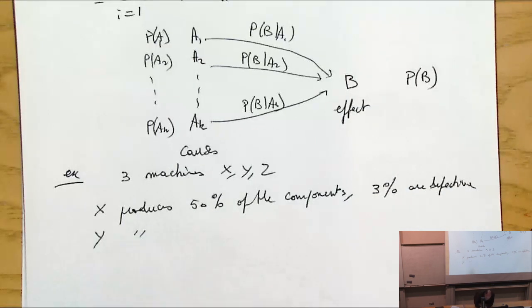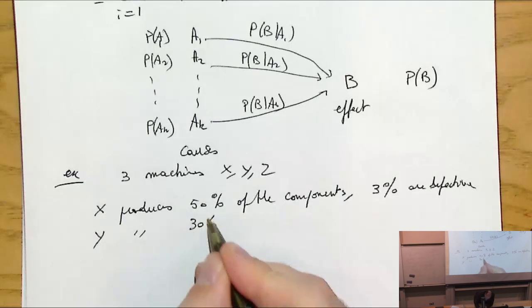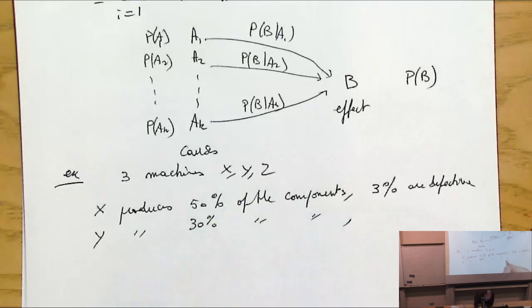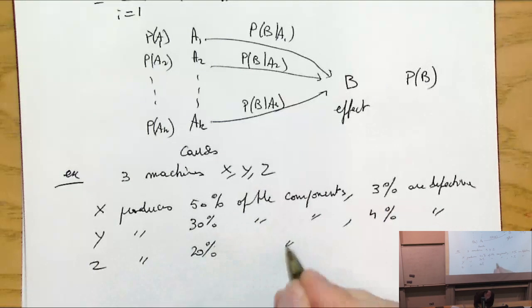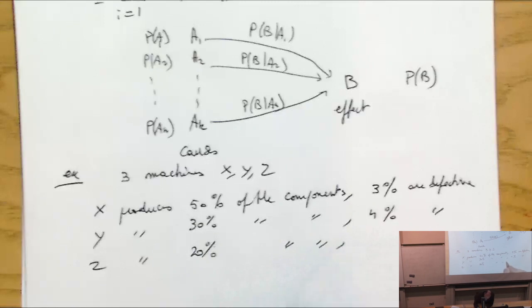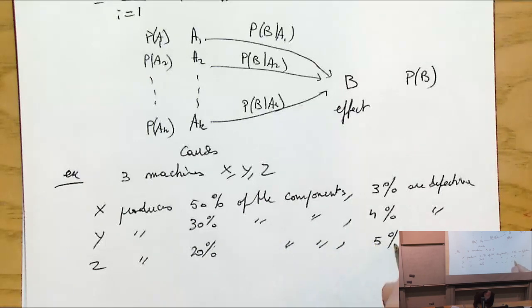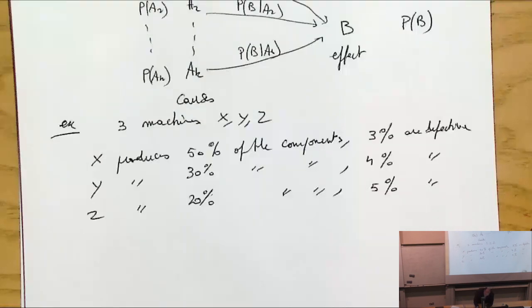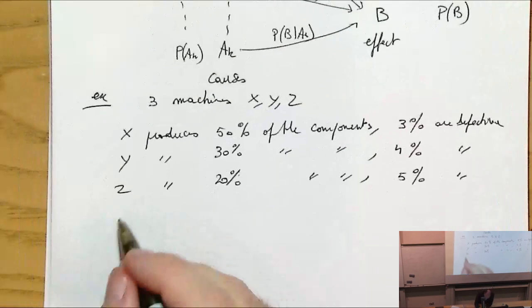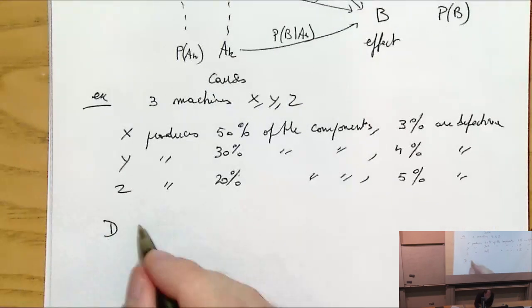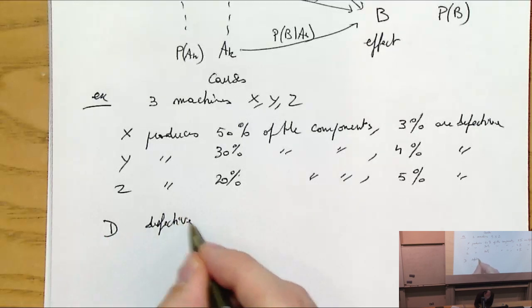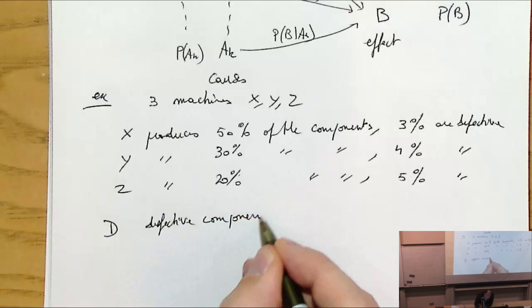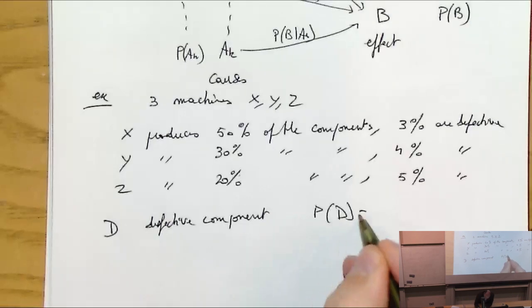Y produced 30% of the components and 4% are defective, and Z produced 20% of the components and 5% are defective. Right, so what we are interested in here is, if I denote by D having a defective component, what's the probability of having a defective component.